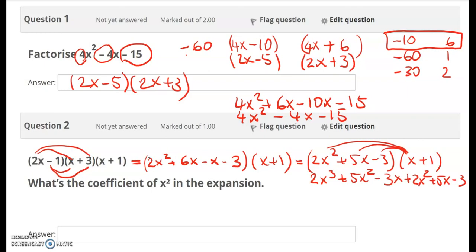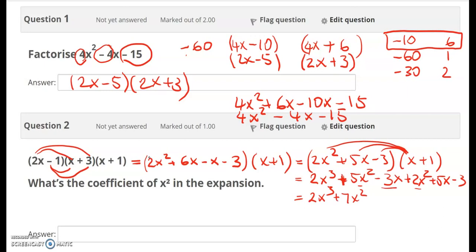We only have 2x cubed, and we've got 5x squared plus 2x squared, which makes 7x squared.